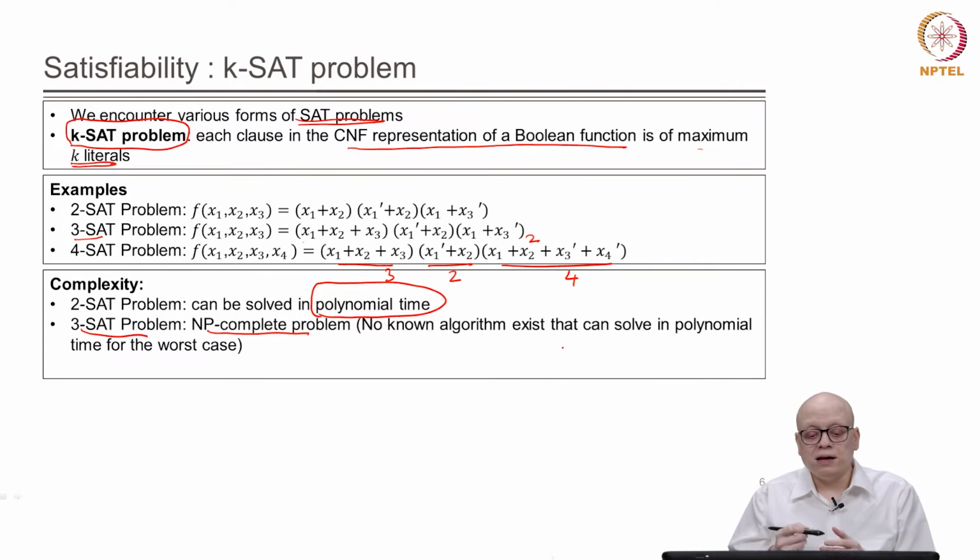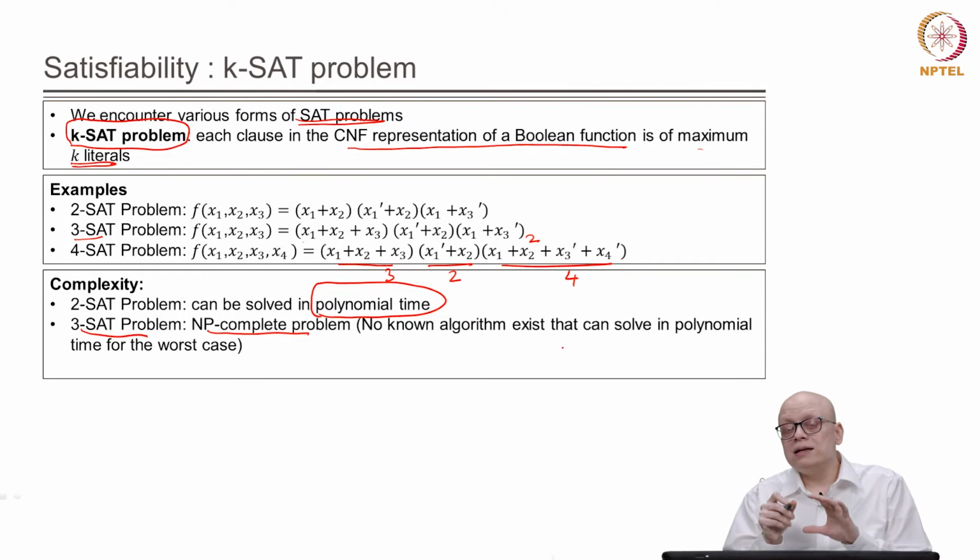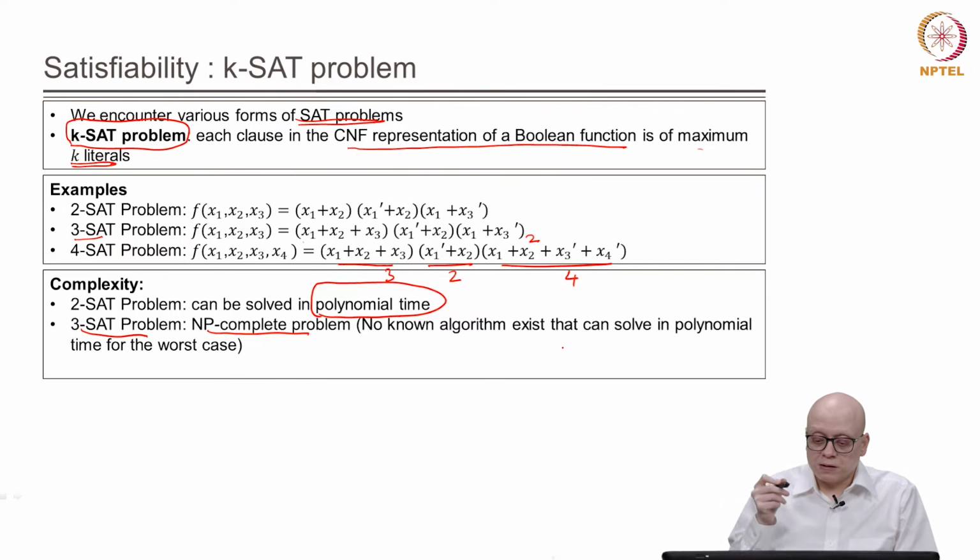So, NP complete problems are a specific class of problems which are known to be difficult, and for this class of problems the complexity in the worst case will not be polynomial. So, in an intuitive sense, NP complete problems are difficult problems, and we need to use some heuristics to solve those problems.